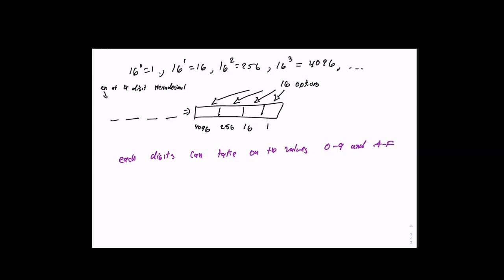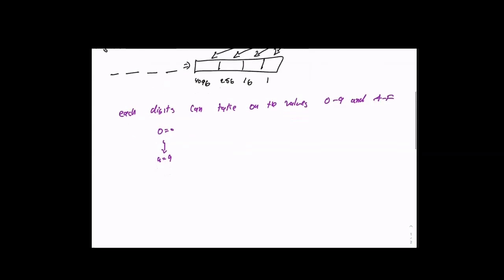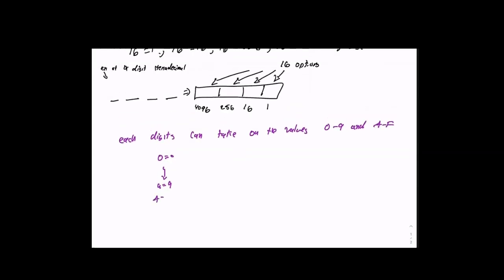So basically, 0 equals 0, 9 equals 9, A is 10, B is 11, C is 12, D is 13, E is 14, and F is 15.